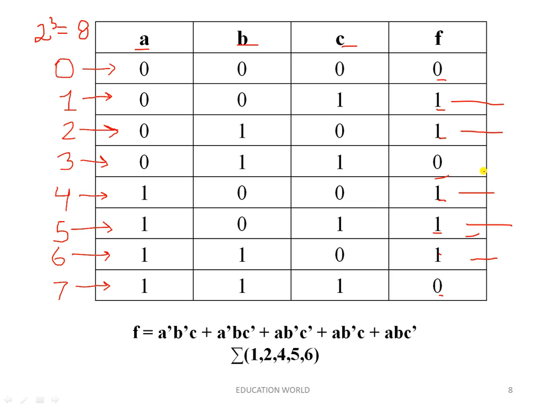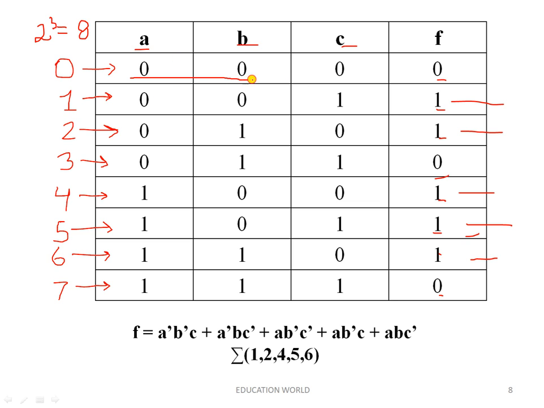We see that this row, this row, this row, this row and this row contain the value 1, so they are considered as min terms.